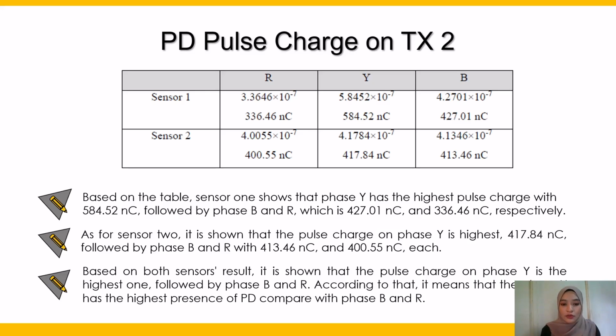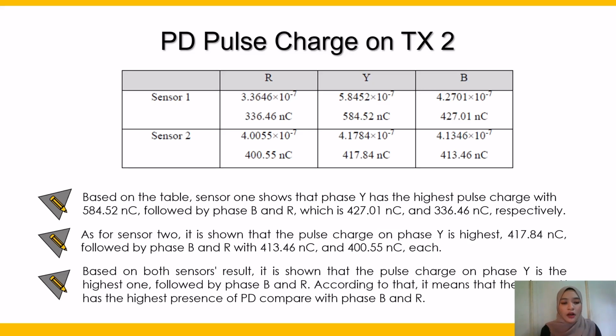As for sensor 2, the pulse charge on phase Y is the highest with the value of 417.84 nanocoulomb, followed by phase B and R with the values of 430.46 nanocoulomb and 455 nanocoulomb each.